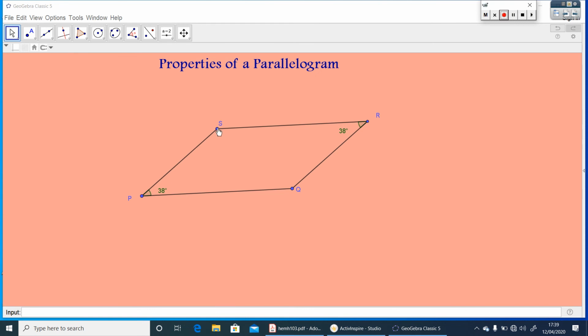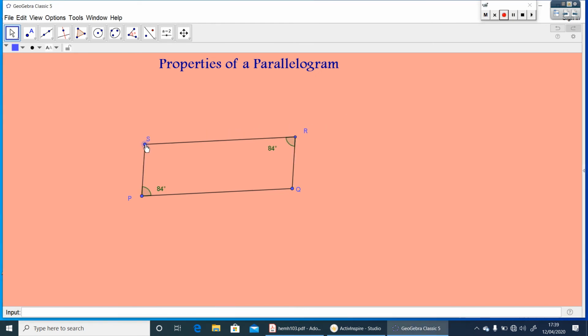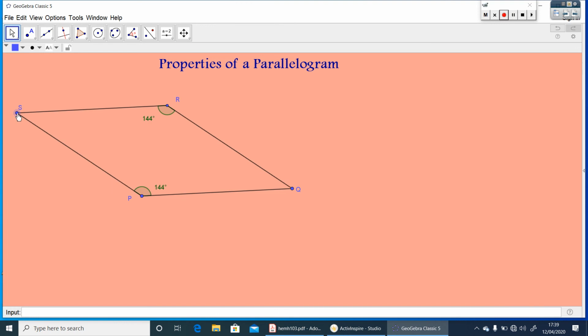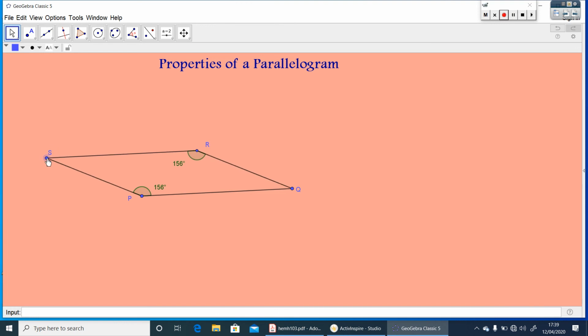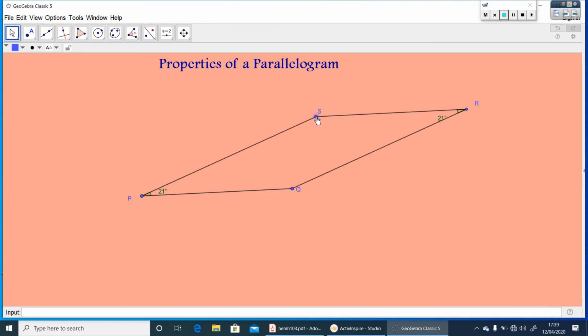Now when we change these angles, these opposite pairs are always equal. Now let me check another pair, angle Q and angle S. Here that pair of opposite angles are also equal.